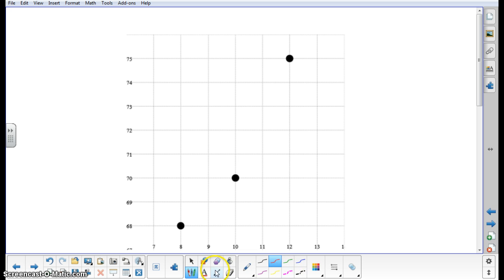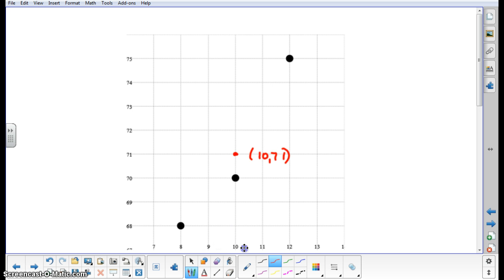So let's sketch in a line that looks like the line we're looking for. We know that line has to pass through the point with the average values, which is 10 and 71.